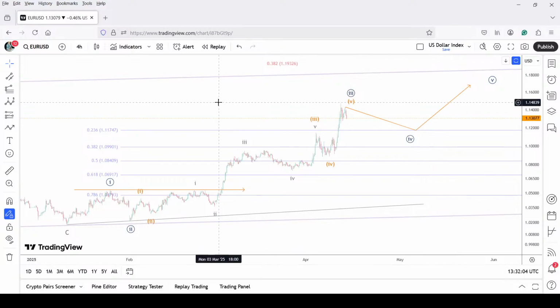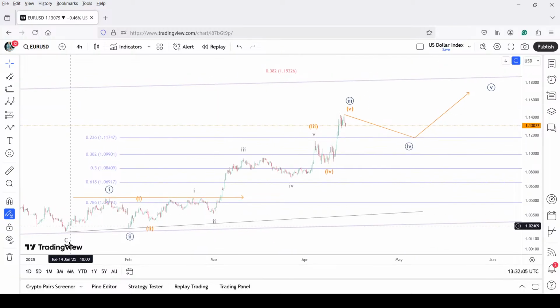There you are. So Euro has completed minute wave 1, 2 and extended minute wave 3 has also completed around 1.0475 over the last week. And now it is progressing towards minute wave 4.